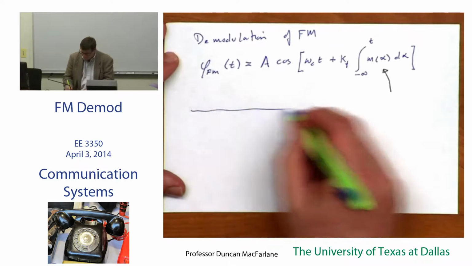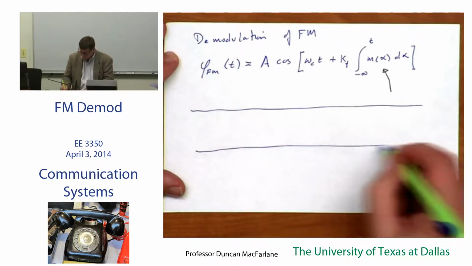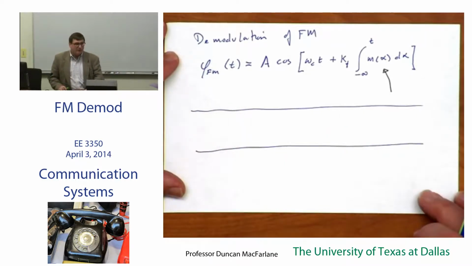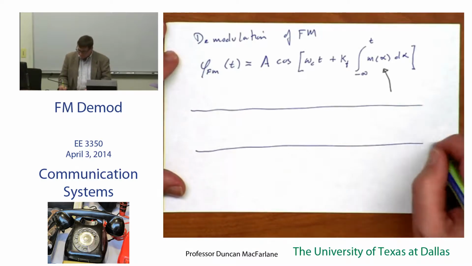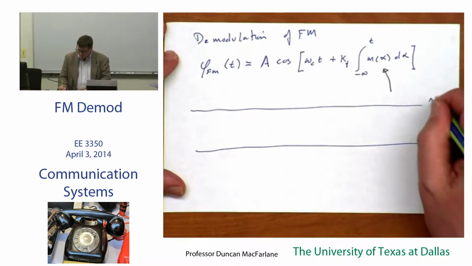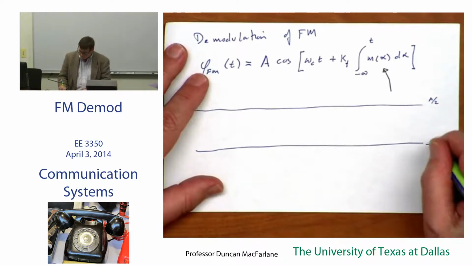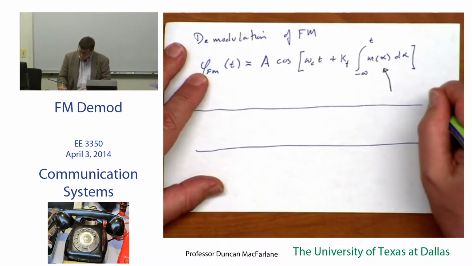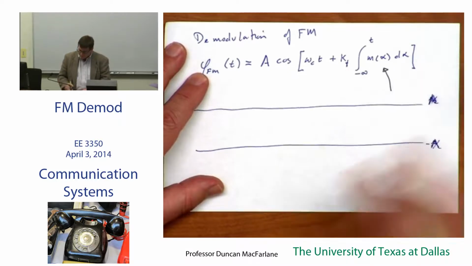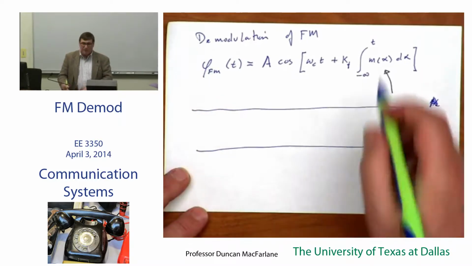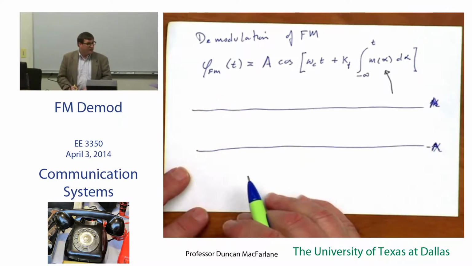So I'll just go ahead and I'll sketch the parameters, the minus A over 2 to positive A over 2. Okay, I guess it's just minus A to A, right? Minus A to positive A. And what happens inside of this is that the frequency changes.